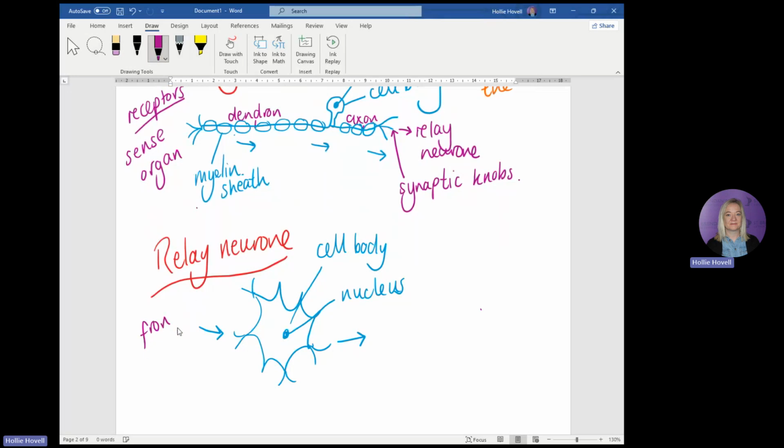Okay, so it's going to connect to the sensory neuron on this side. And on the other side, it's going to connect onto a motor neuron. So at both sides, it's connecting to another neuron. So at the ends of these, in all areas on both sides, it's going to have these synaptic knobs.